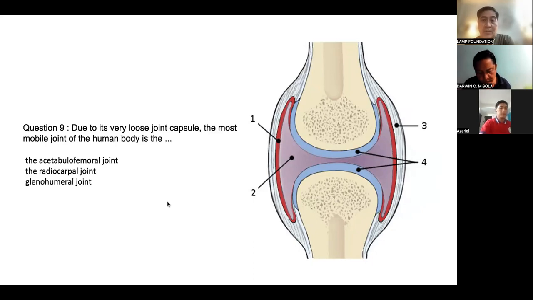Due to its very loose joint capsule, the most mobile joint of the human body is the glenohumeral joint. Where is it? Can you point it to us? Ituro mo sa amin.